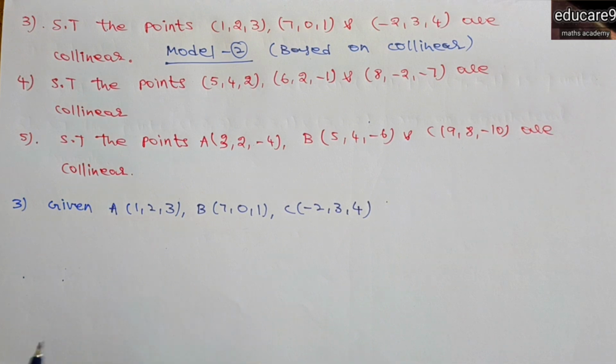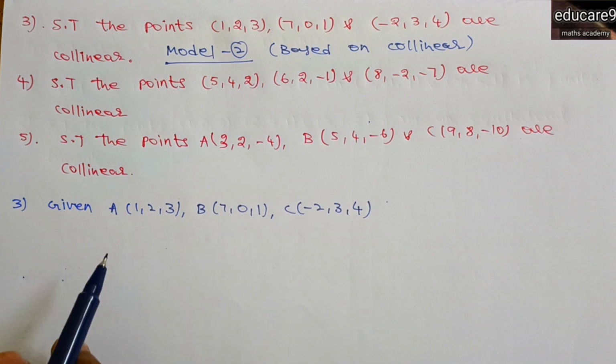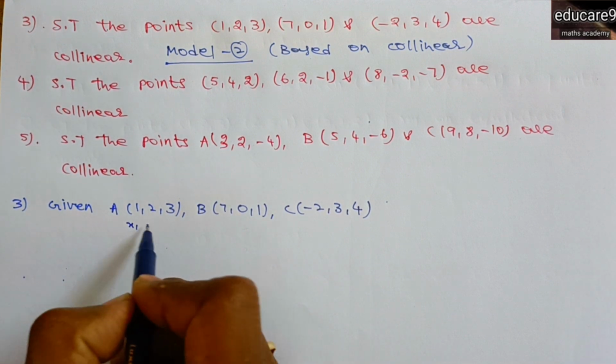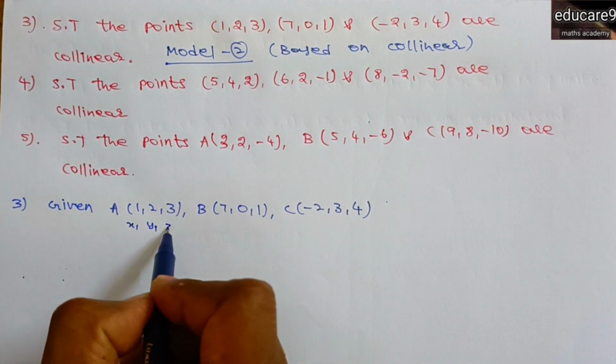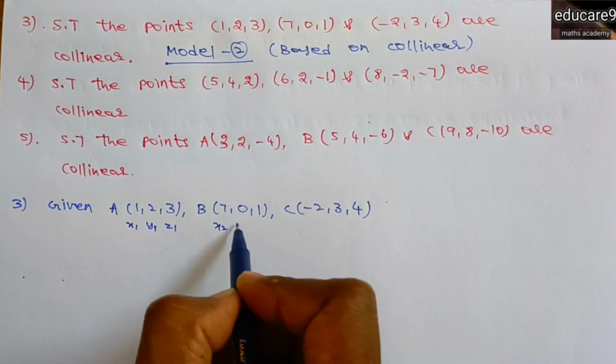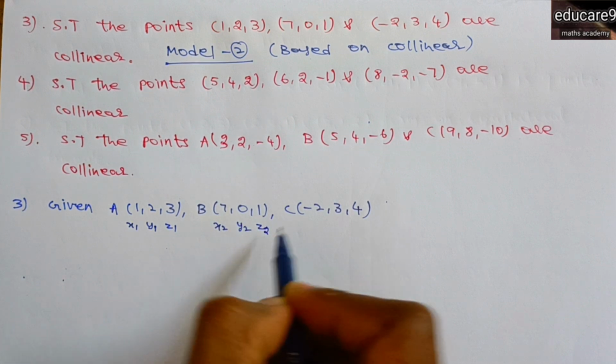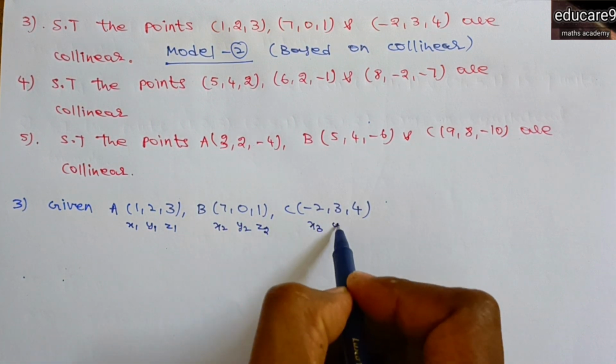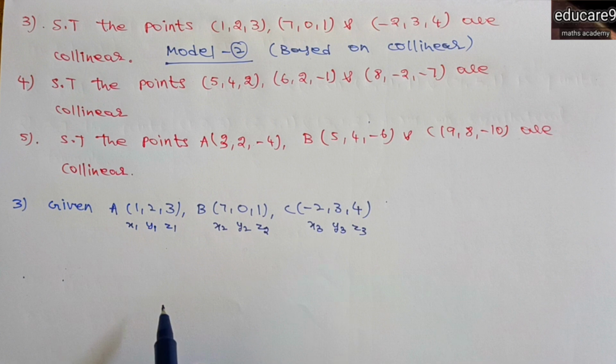So here we know that if the determinant of x1, y1, z1, x2, y2, z2, x3, y3, z3 equals 0, then we can say that the 3 points are collinear. So let us consider the given points are x1, y1, z1, x2, y2, z2 and x3, y3, z3.